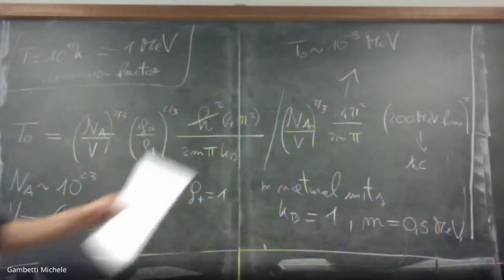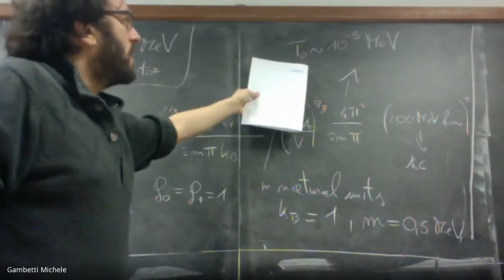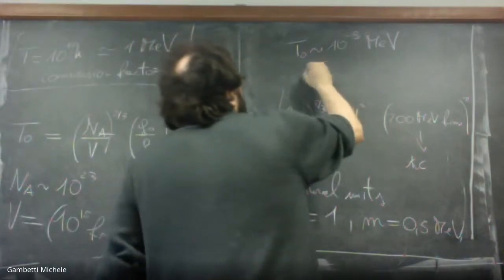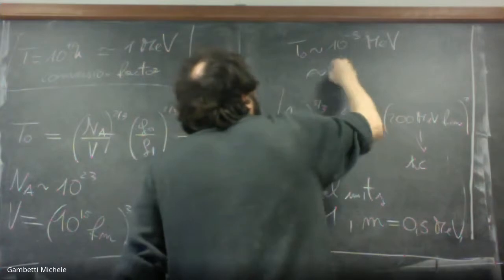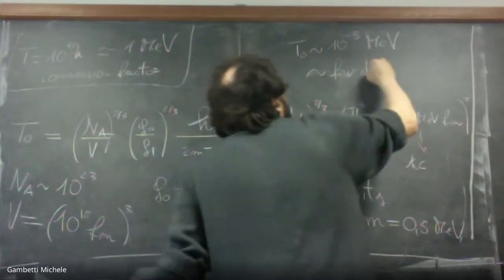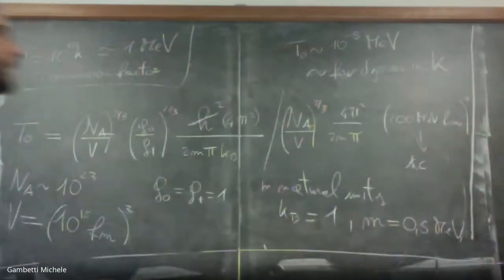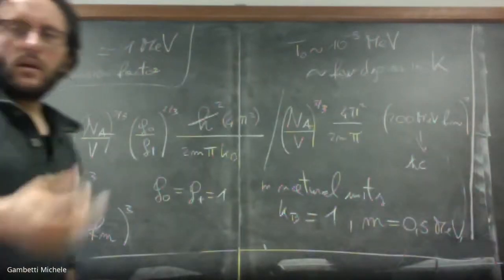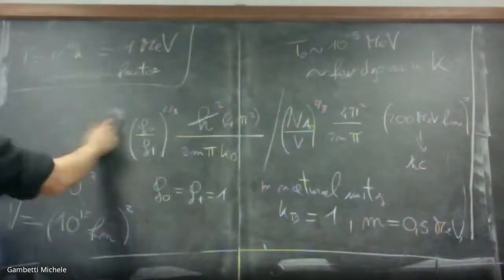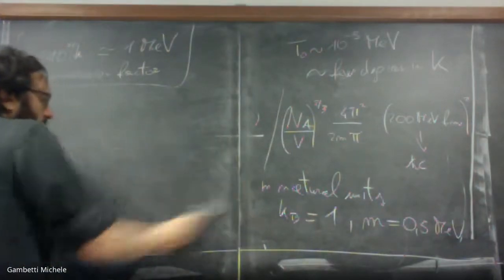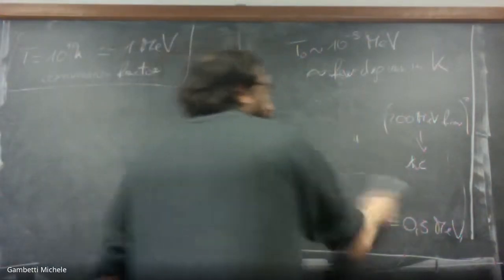So then this T0 in Kelvin is a few Kelvin, a few degrees Kelvin, because it will be of the order of 10 Kelvin or something like that. Okay, a few degrees. So you see that this T0 as an energy scale, or as a temperature scale, is very small.